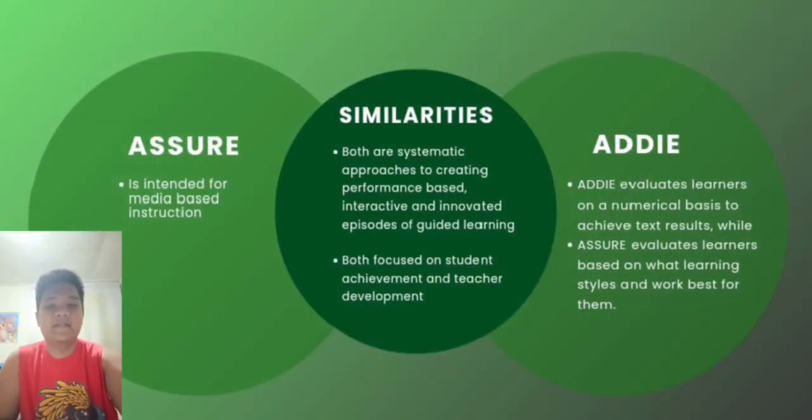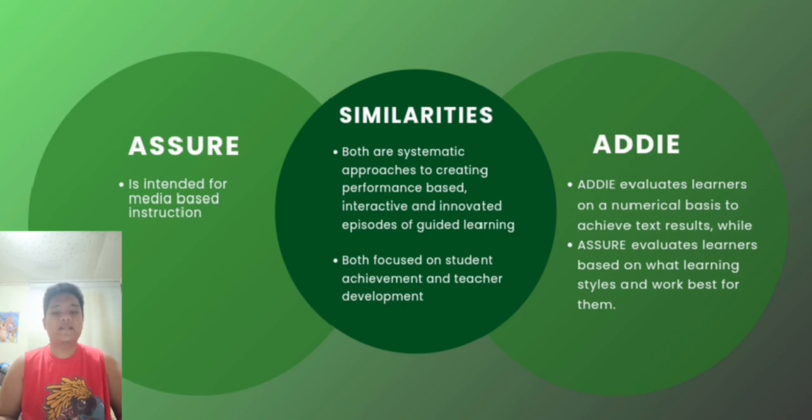Similarities and differences. First, similarities of ADI and Assure. They both have a systematic approach. Both models provide a structured step-by-step process for designing and delivering instruction. Second is performance-based learning.